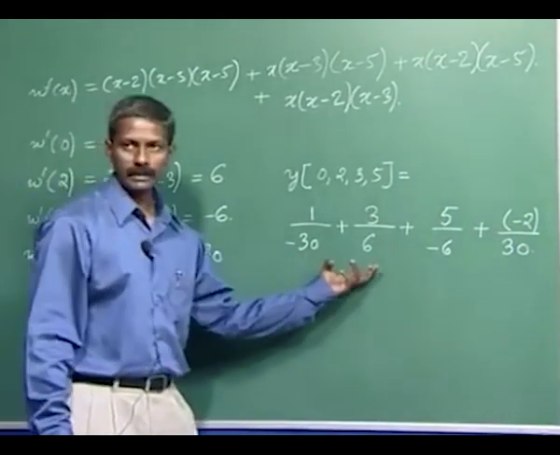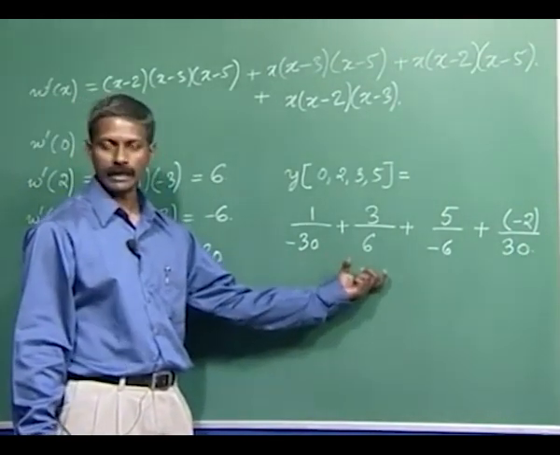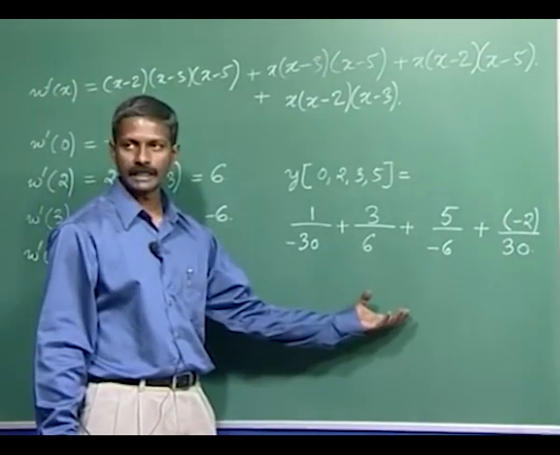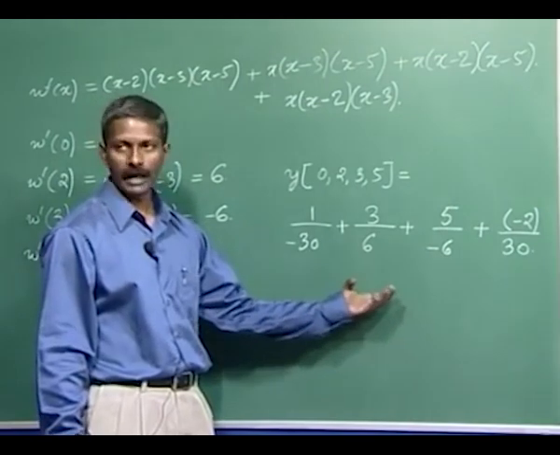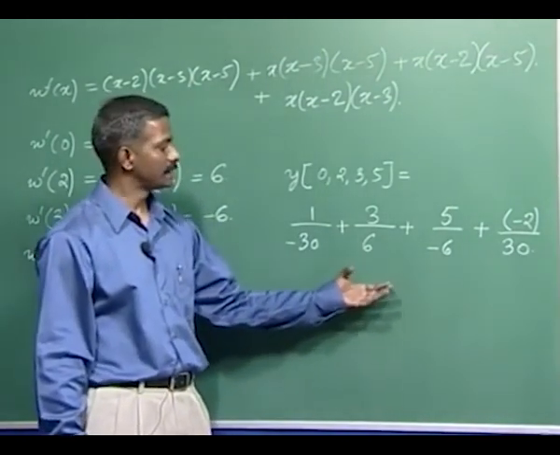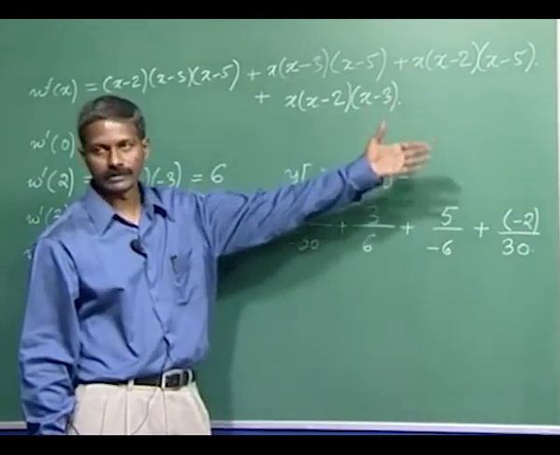You can work out the math and simplify this to get a number. And try to compare what you get with the number that you would get when you're using the tabular form to compute the Newton's divided differences.